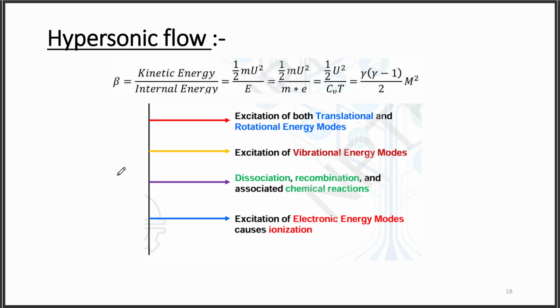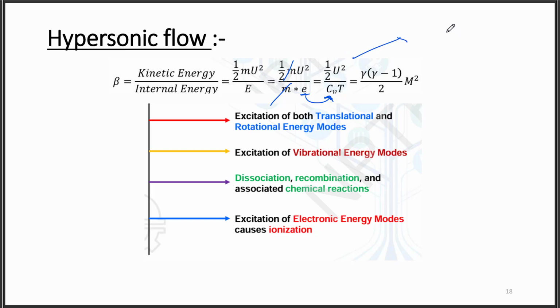The kinetic energy is given by half m u square, and the internal energy is capital E, which can be written as m into specific energy. m can be removed, and e can be given by Cv into T for the calorically perfect case.